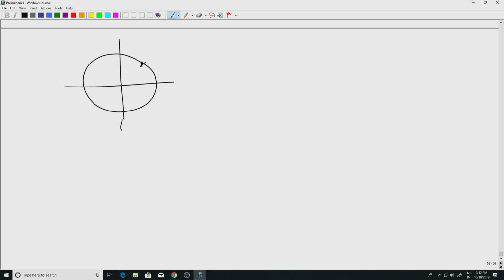Now, if I start with any point, let's say some point here, then it's quite clear that as long as I don't include the whole circle, any arc containing this given point will do, and the arc can be as big as one wants. So for instance, I can have an arc of the circle which goes all the way till here.